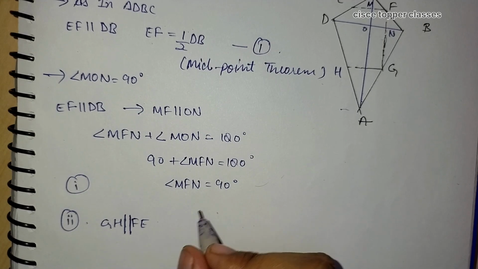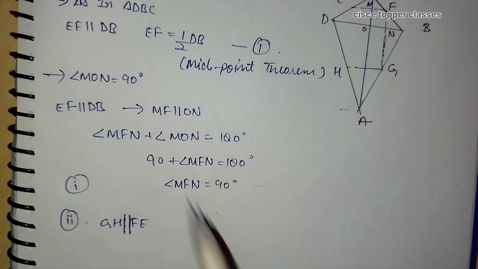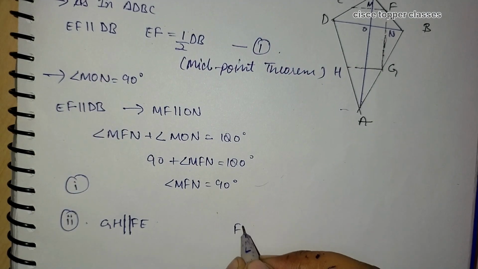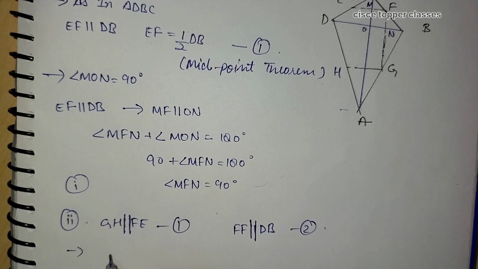In the first part we have just written that EF is parallel to DB. As EF is parallel to DB, we can conclude from the first and second thing that GH is parallel to DB.